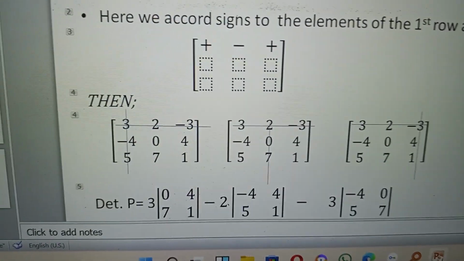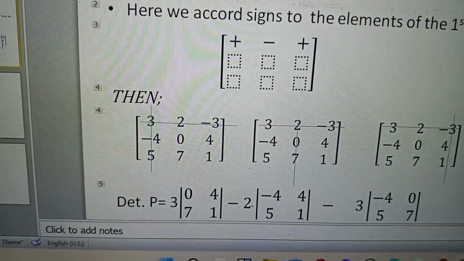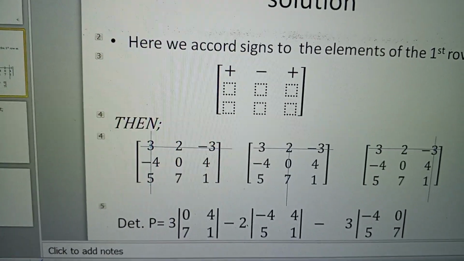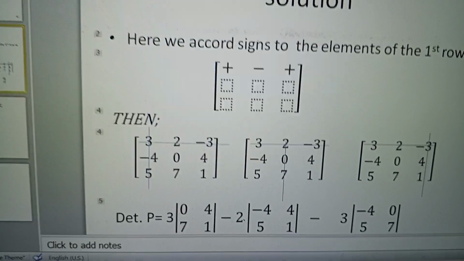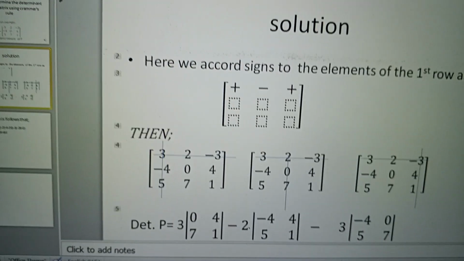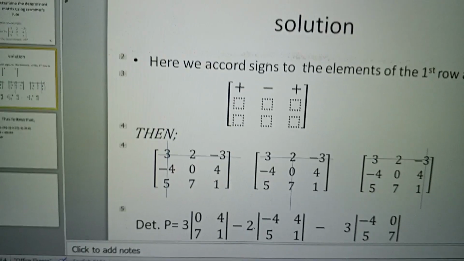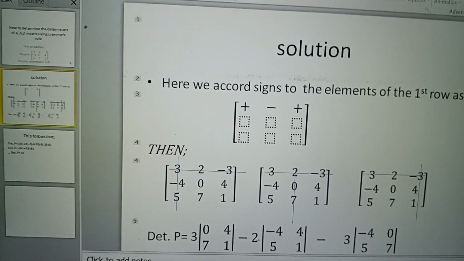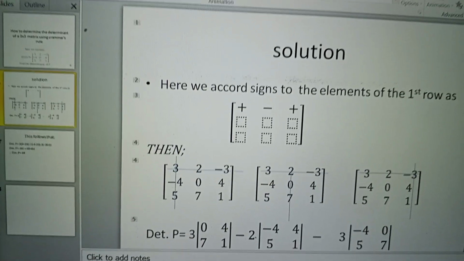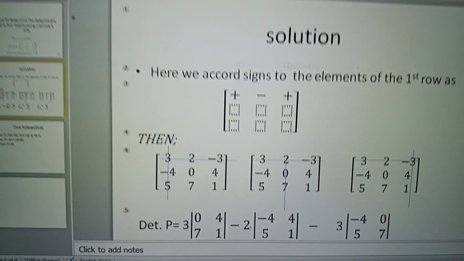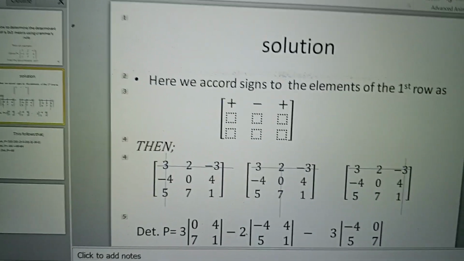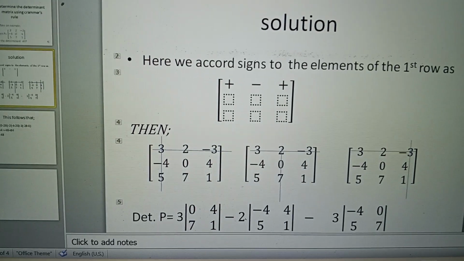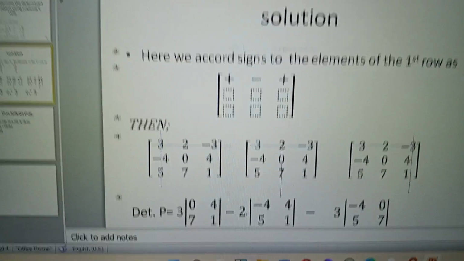If we stand at the position of 3, which is the first entry on the first row, and we cross out the column and the row containing the 3, the way I've crossed them out, I have crossed the first row and the first column, and the remaining matrix is 0, 4, 7, 1.